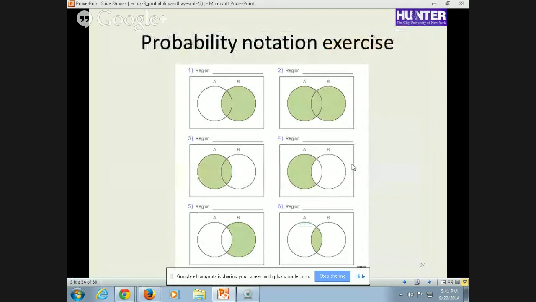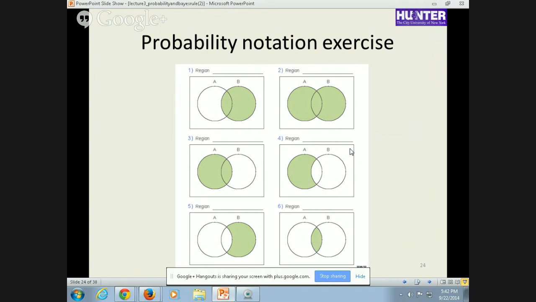The question here is, can you give a different example of A complement? So the canonical example is the coin flip. If A is getting a heads and B is getting a tails, then the probability of A is 0.5 and the probability of A complement is 0.5.